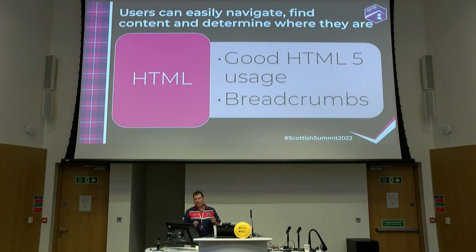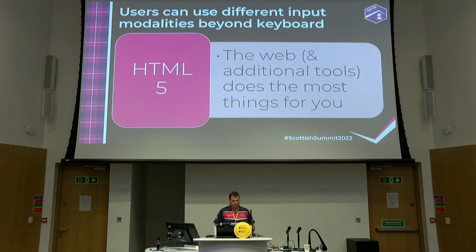Users can easily navigate, find content, and determine where they are. It's a really easy thing here. HTML, just a good HTML5 usage and using breadcrumbs. Not that difficult. Users can use different input modalities beyond the keyboard. Again, not that difficult.